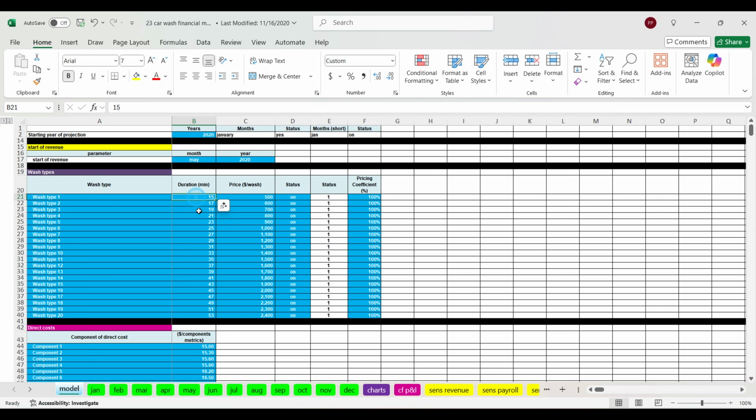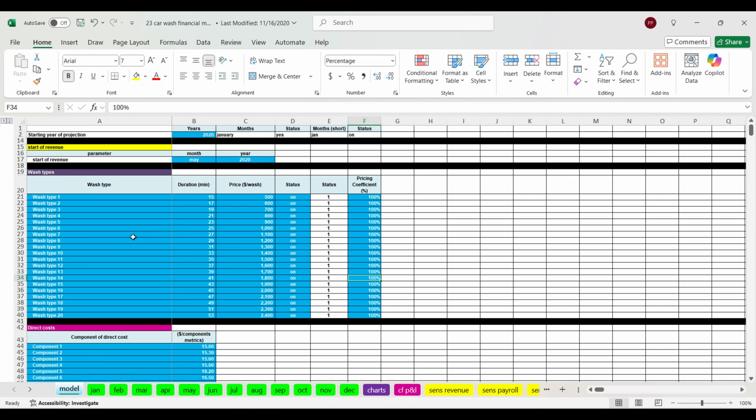So in this interface we are specifying the duration of the car wash services. Then we're specifying the price for one service. Then we have a column where we can switch on and off different types of services and see how the cash flow will look if we include or exclude this or that type of service.